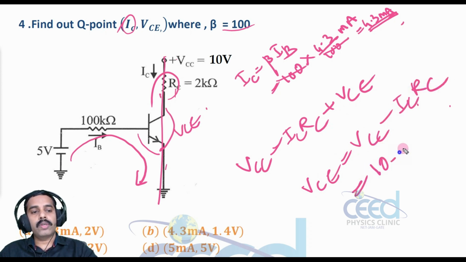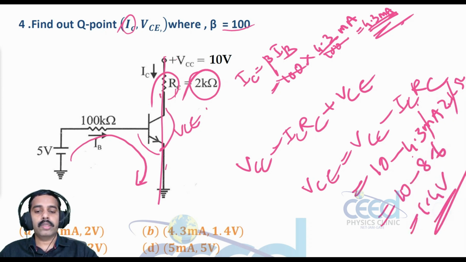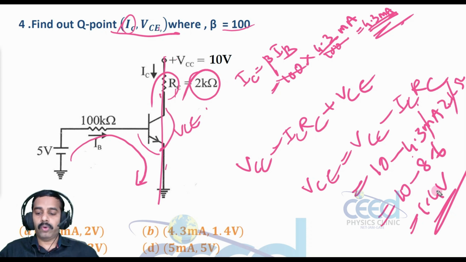That is 10 volt minus, what is IC? 4.3 milliampere. What is RC? That is 2 kilo ohm. Kilo ohm and milliampere cancel. 2 into 4.3, that is 8.6. 10 minus 8.6, that is 1.4 volt. So the coordinate is 4.3 milliampere and 1.4 volt.